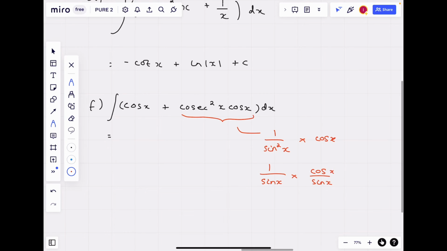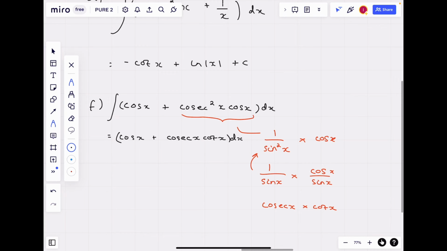These two are equivalent, right? So 1 over sine is cosec x, and cos over sine is cot. So that means cos x plus cosec x cot x dx.